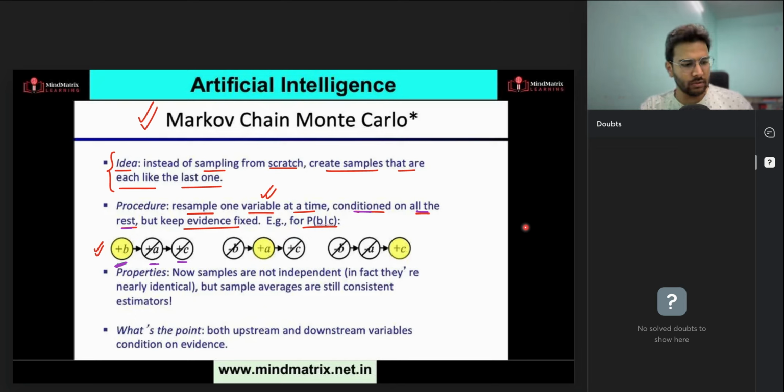Ask him to log in now. Let's wait for 1 minute so that he can also join. Okay, now he has joined. Is it fine now, Manjunath? Audible and visible clearly?